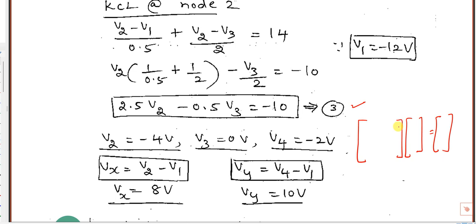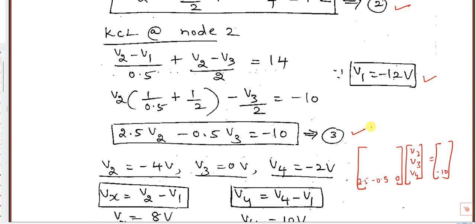The unknown variables are V2, V3, V4. V1 is already known as minus 12 volts. So the remaining three equations: the third equation is 2.5, minus 0.5, V4 is not there, 0 is equal to minus 10.